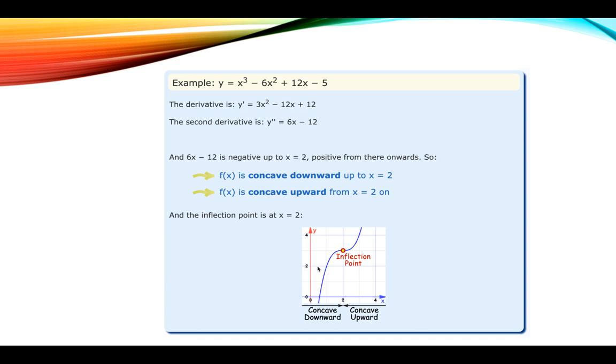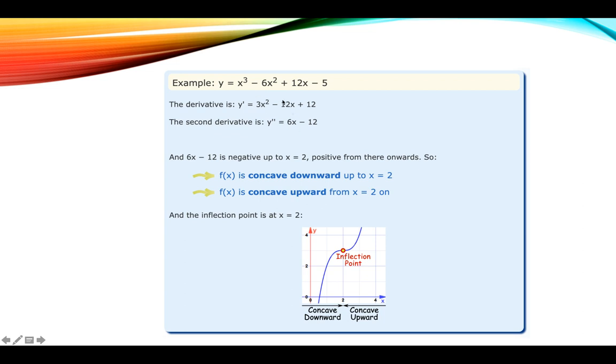Okay, so here's an example. We've got y equals x cubed minus 6x squared plus 12x minus 5. So our first derivative, just using the power rule on each term, is 3x squared minus 12x plus 12. The second derivative is going to be, okay, let's apply the power rule again.